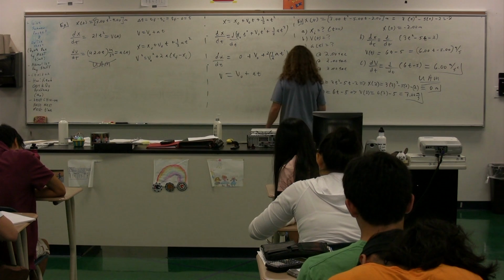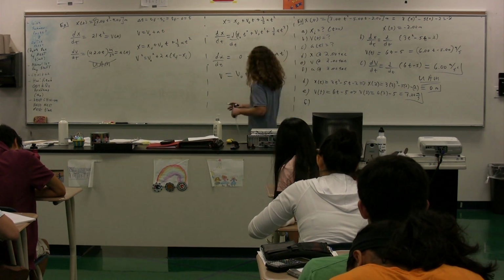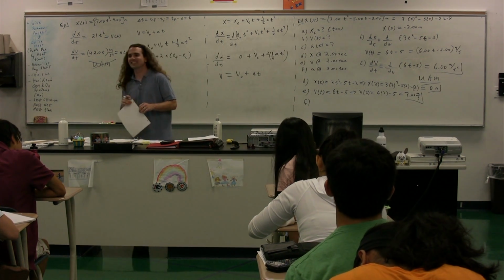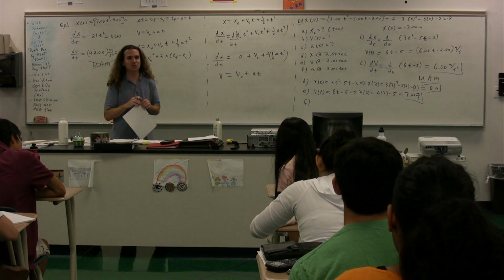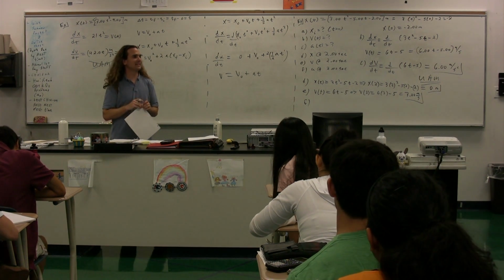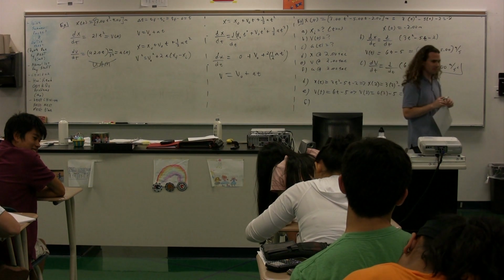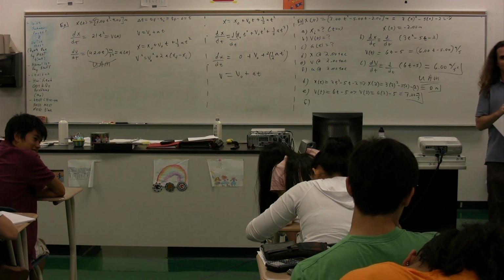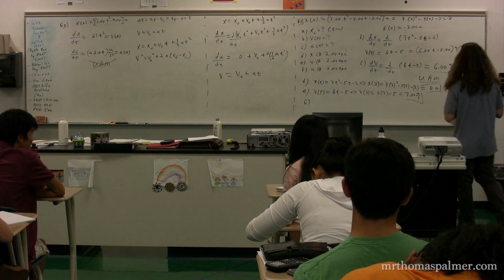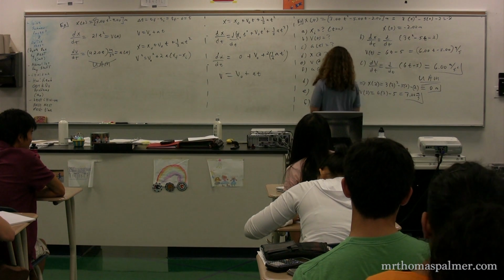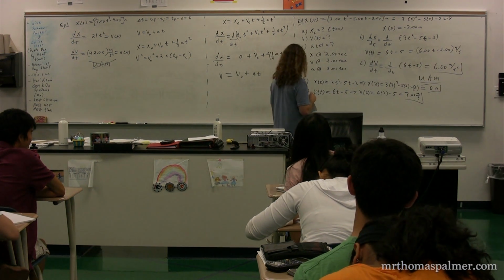And the last one, the acceleration at 2 seconds. Landon, what do you need to do in order to get that? You use the equation that you got for C, 6.00 meters per second squared.